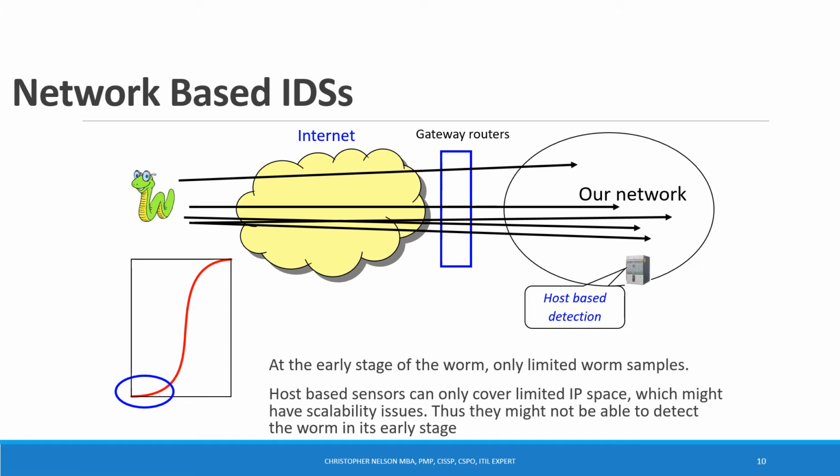Over time, host-based sensors can only cover limited IP space, which might have scalability issues. Thus, they might not be able to detect the worm in its early stage. The worm is being transported using the internet, trying to get through the gateway routers to our network.